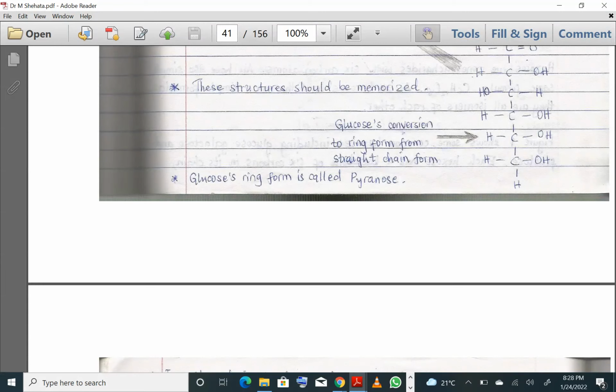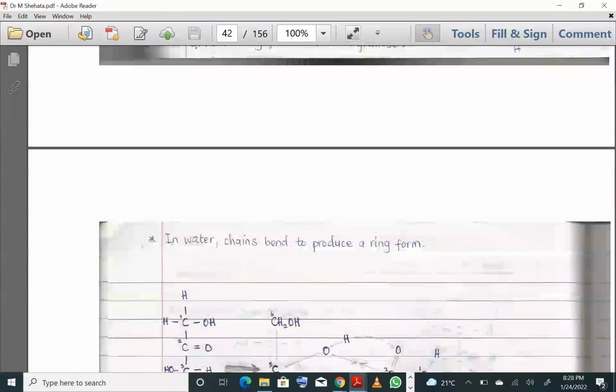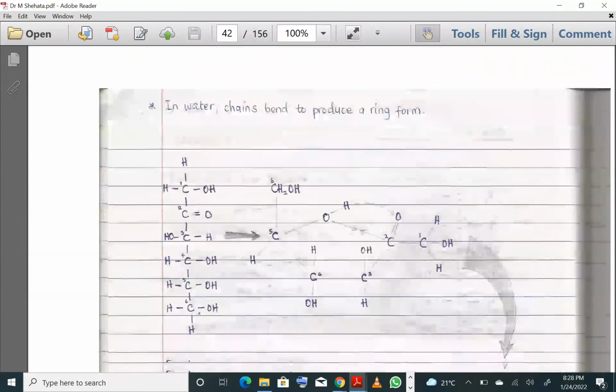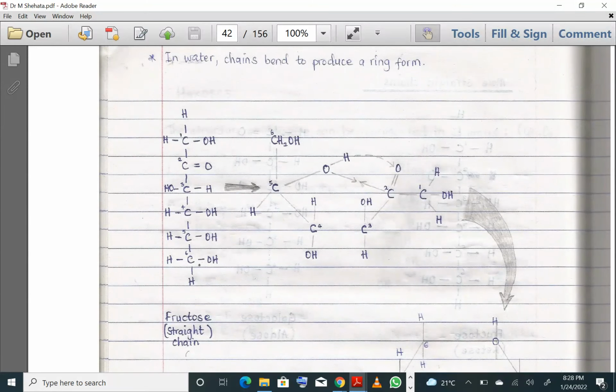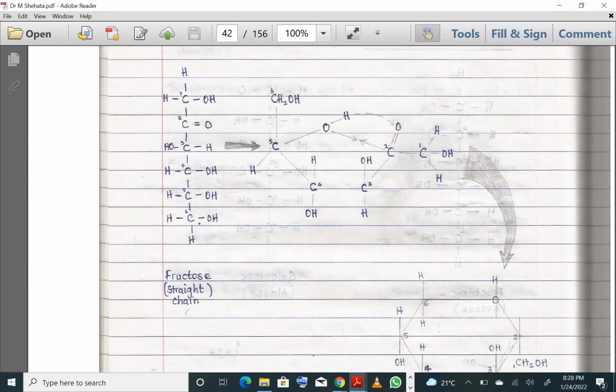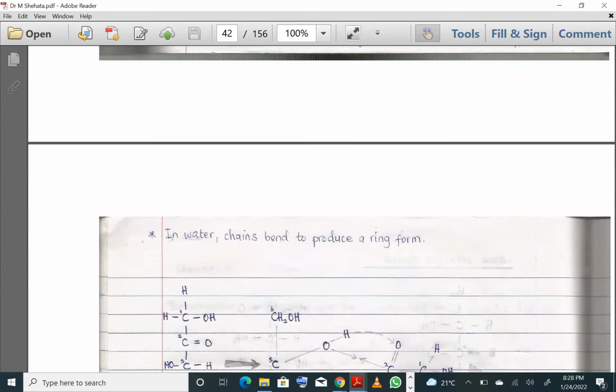Okay, so now the ring form of glucose is called pyranose. The key thing is that when you place these chains in water, the chains of glucose, galactose, fructose, they'll form a ring. So we've already talked about the ring form of glucose, which is called pyranose.